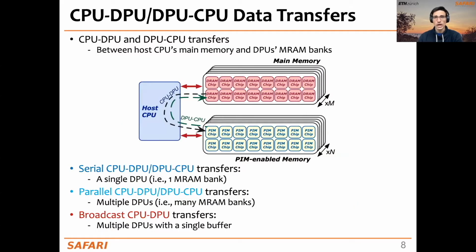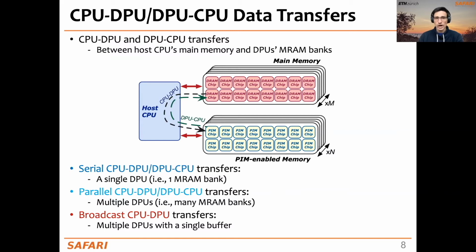We also talked about how to perform the data movement between the main memory and the PIM-enabled memory. Those are what we call the CPU to DPU and DPU to CPU data transfers. And we studied that there are three different ways of performing these transfers. The first one is the serial transfers, where we target a single DPU or a single MRAM bank.